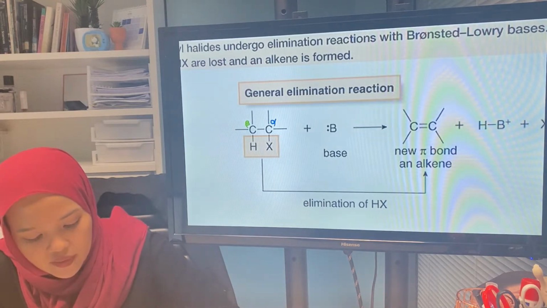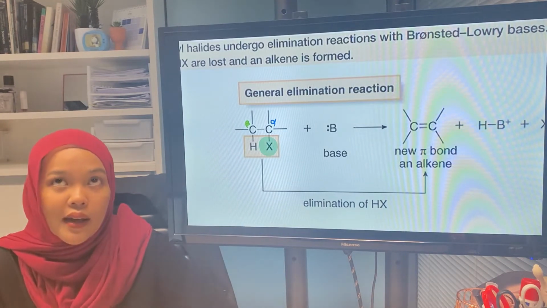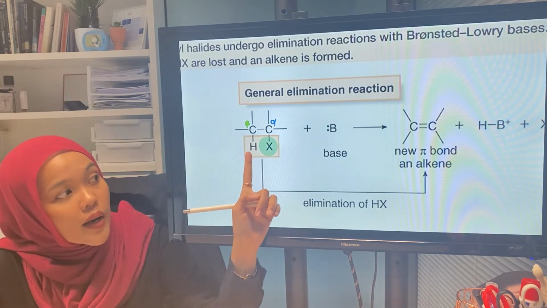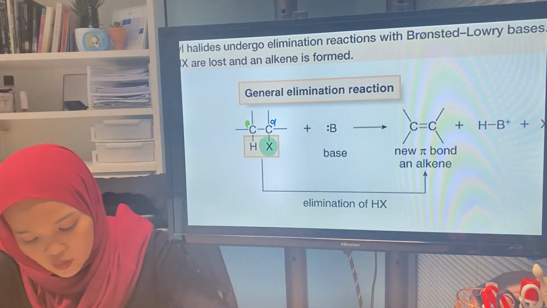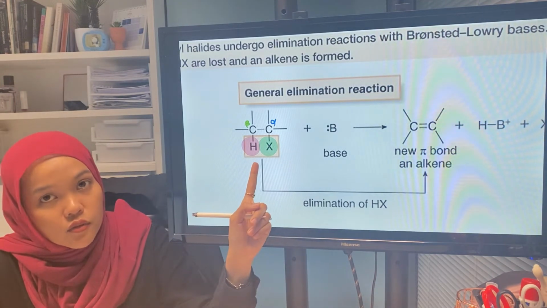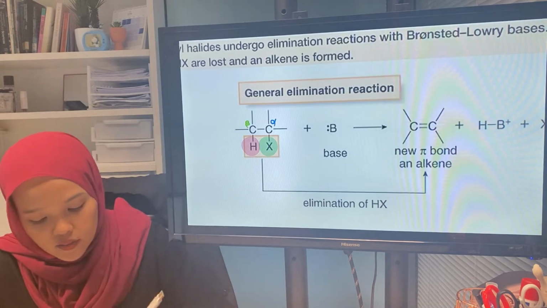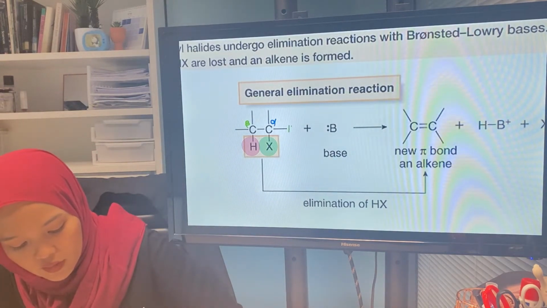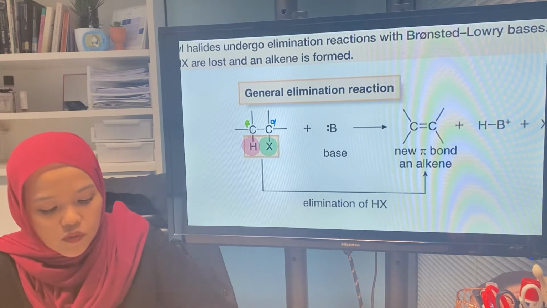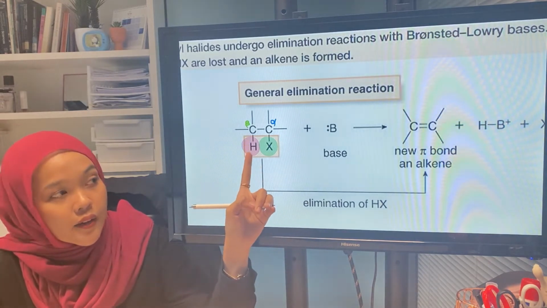Remember, the X, the halide of the alkyl halide, is coming from the alpha carbon, and one beta hydrogen is going to be removed. So beta hydrogen is removed. Do not try to remove the alpha hydrogen here. The one that is removed is the beta hydrogen.